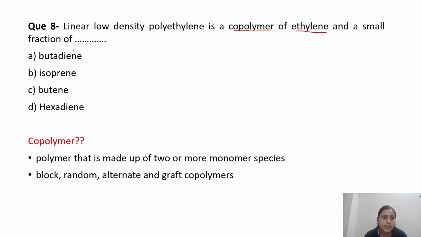Option A says butadiene, option B says isoprene, C is butene and D is hexadiene.